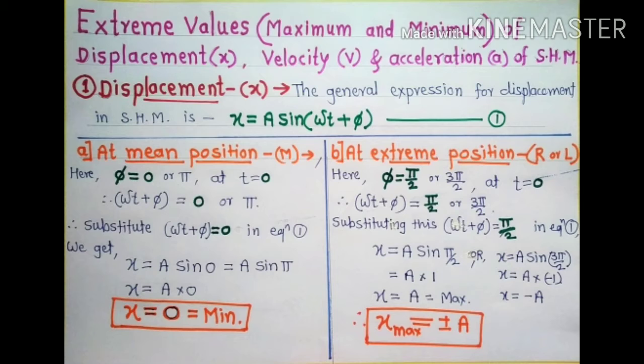Maximum value of displacement from mean position is plus or minus capital A, therefore x max is equal to plus minus A. The plus minus sign denotes only the direction, right side plus A, left side minus A. And in magnitude, maximum displacement x max is equal to A.